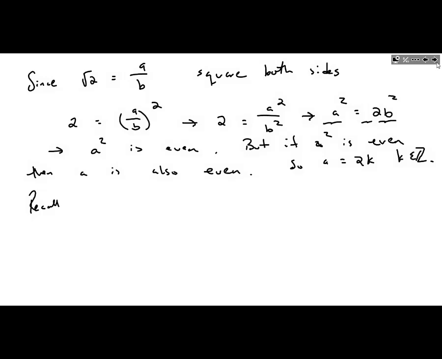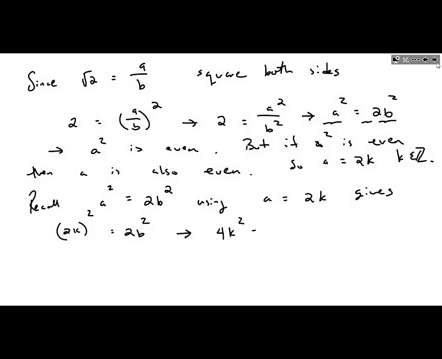So recall that a squared equals 2b squared, and using a equaling 2k gives 2k squared equals 2b squared, which implies 4k squared equals 2b squared, which then would imply that b squared equals 2k squared.